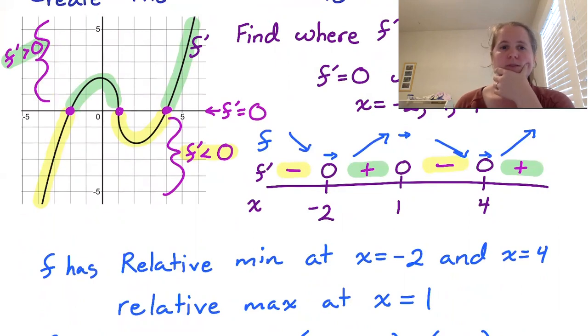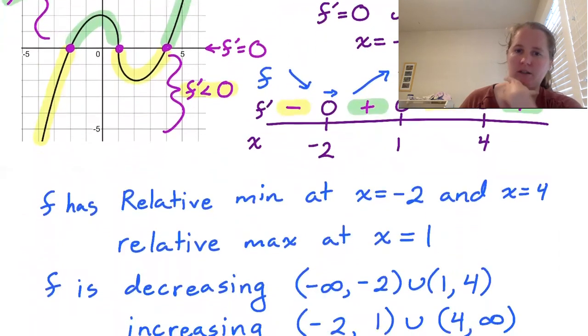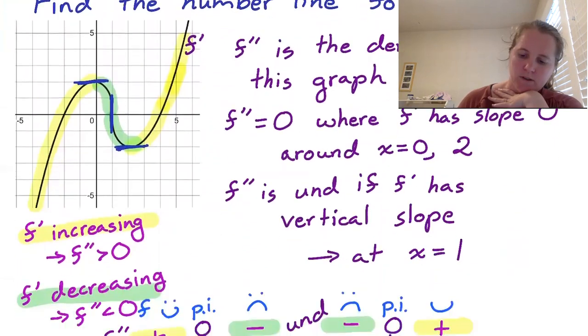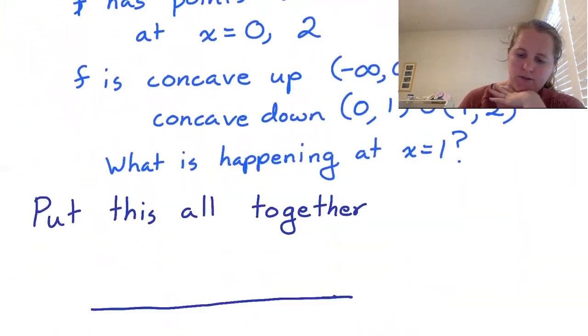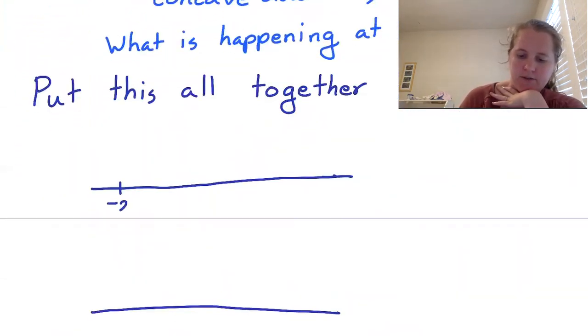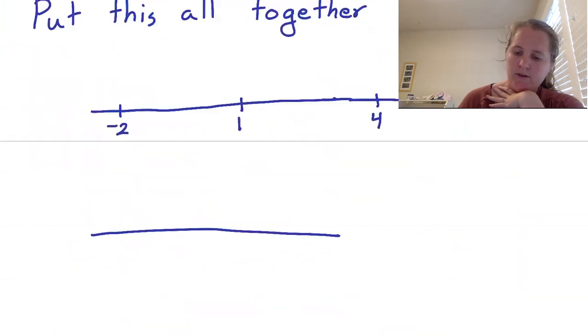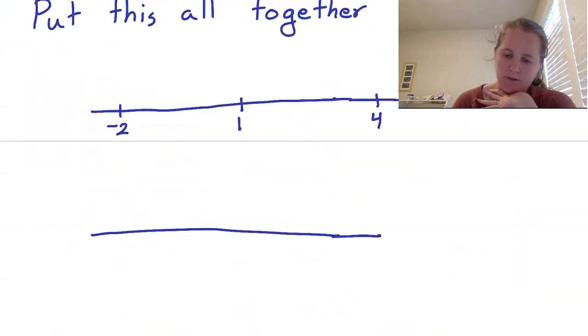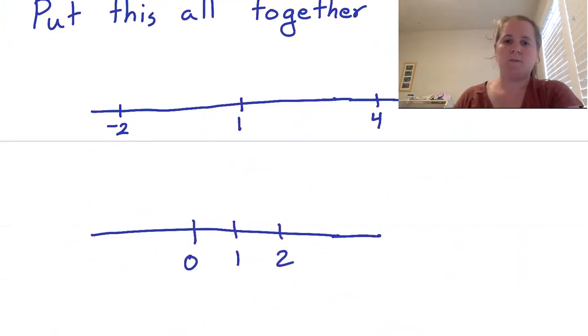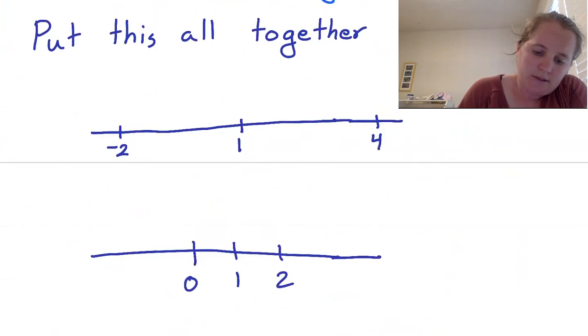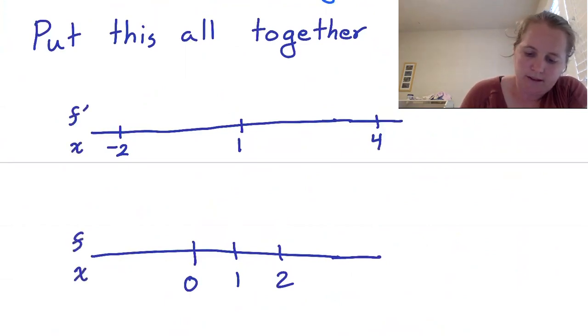And then we had points of interest at 0, 1, and 2. So this is x, f prime, and the second derivative.